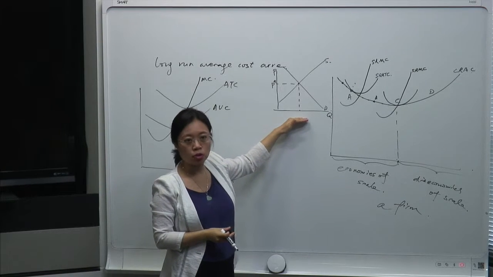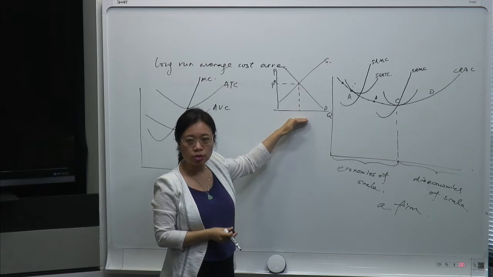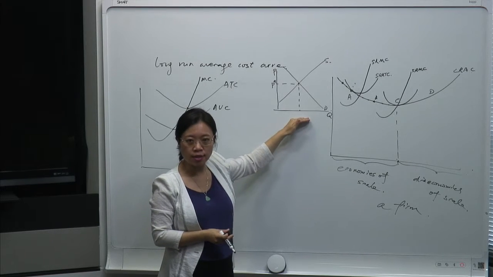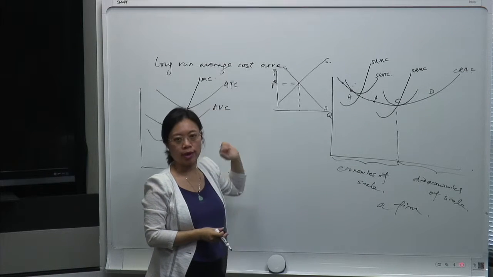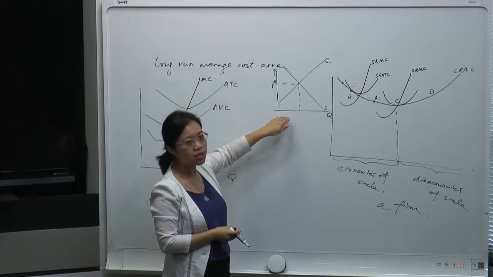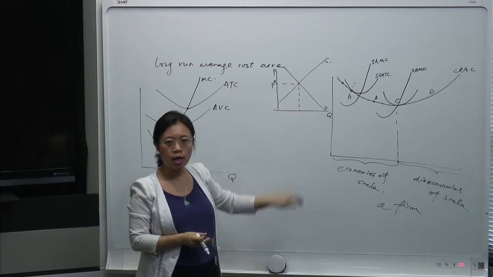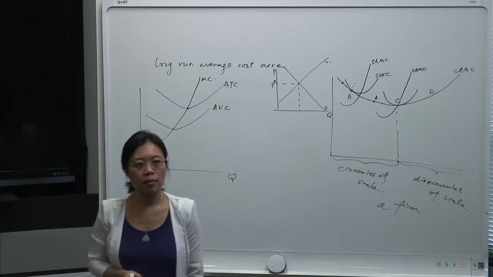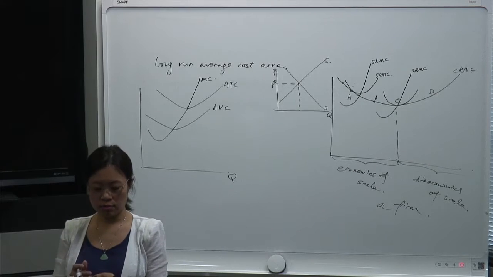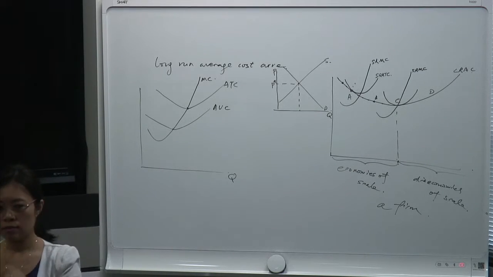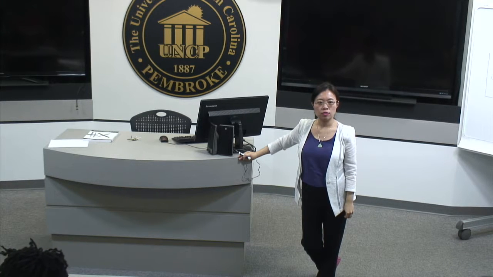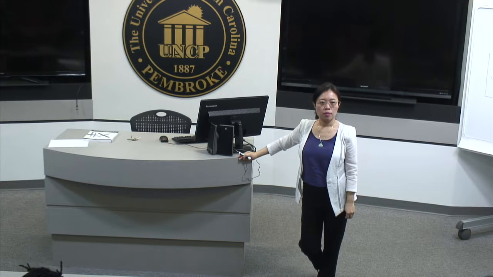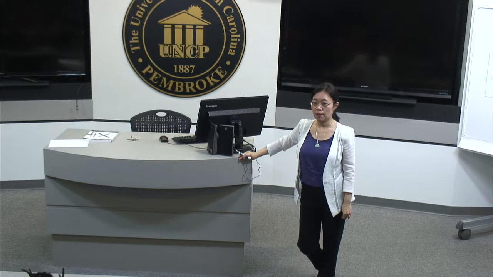So now I'm drawing a graph next to it. This represents the market where the good is sold. What kind of market is this? We're still assuming a perfectly competitive market.